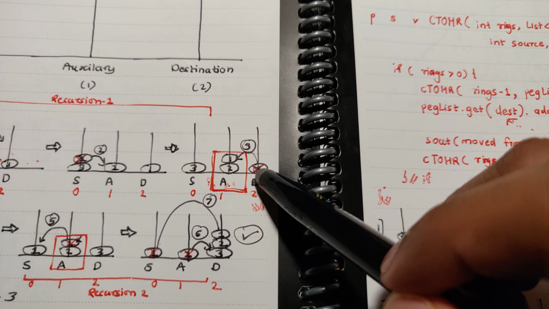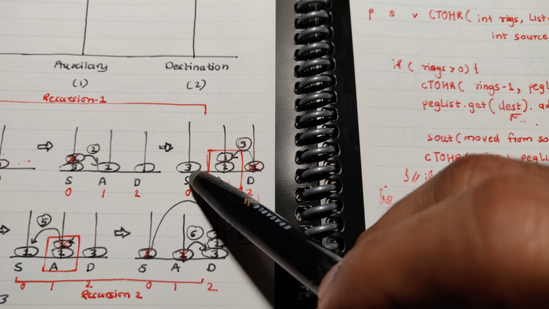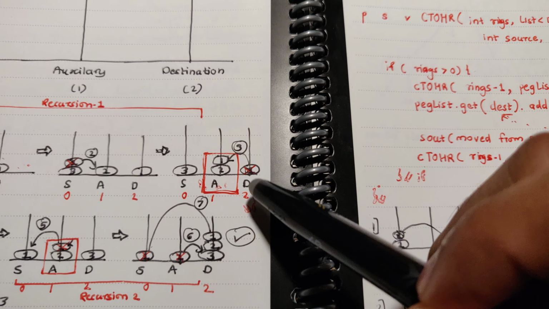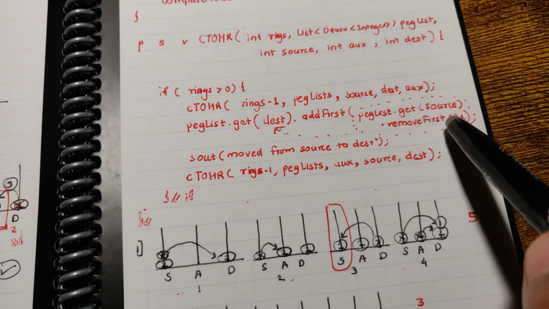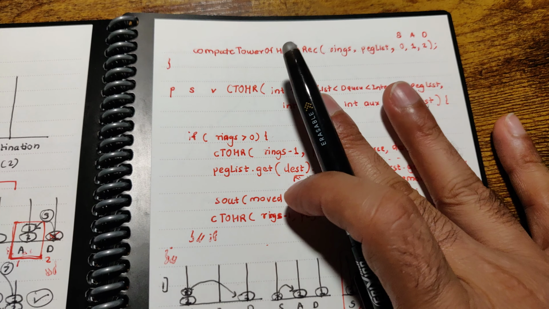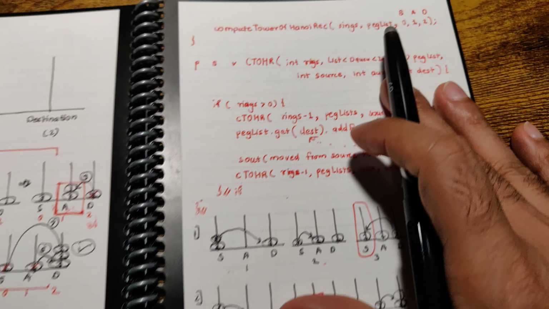So 3 is put back here. Remove head from the source node and add first to the linked list for the destination. So if you see, I'm using source and destination here. Whatever at this recursive call, we still have this source and this destination.